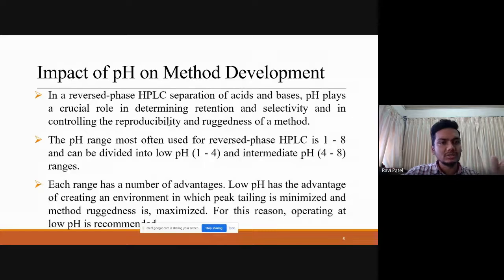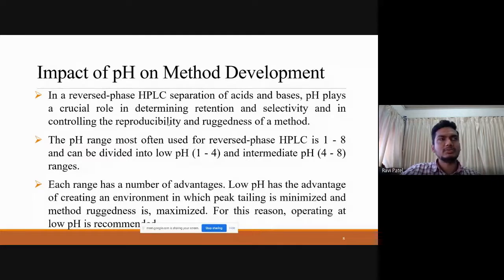Our column is non-polar in nature, meaning C18 or C8. If we want to separate a mixture of acidic and basic compounds, pH plays a crucial role in determining retention and selectivity, and in controlling the reproducibility and ruggedness of our method.